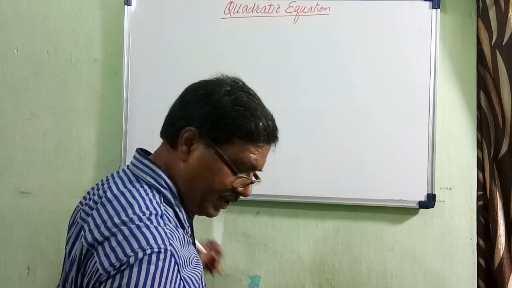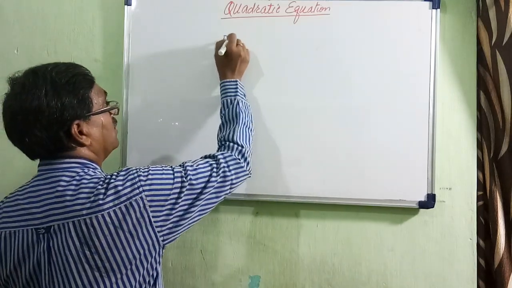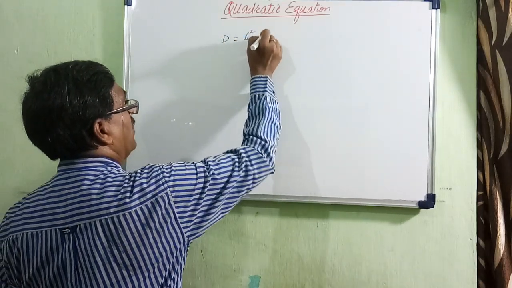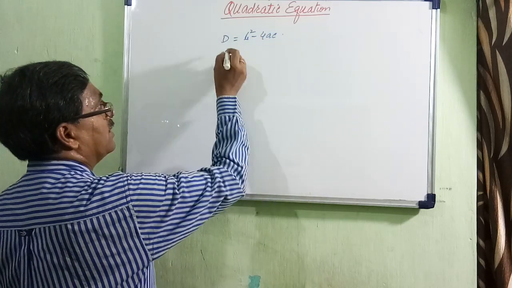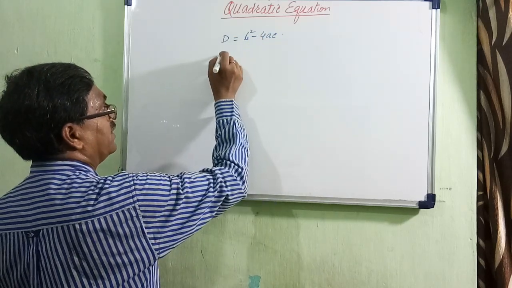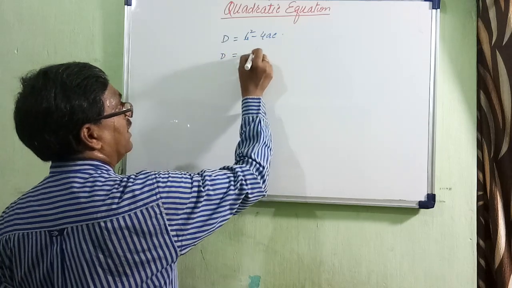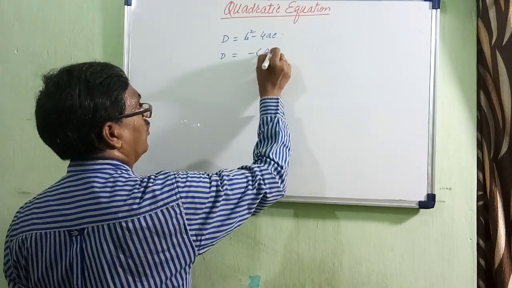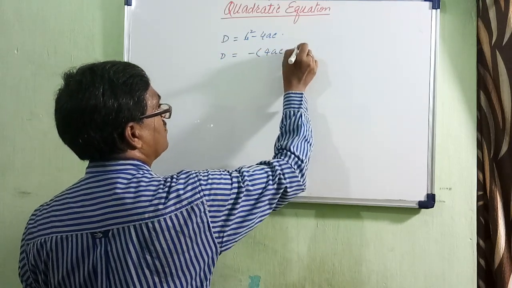You know D is equal to b square minus 4ac. So if I want to find D as a negative, can we take it as minus of 4ac minus b square?